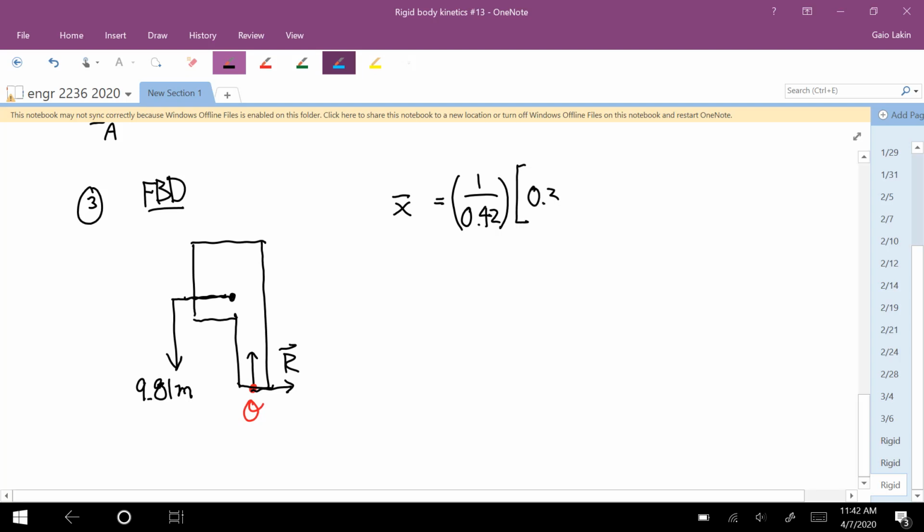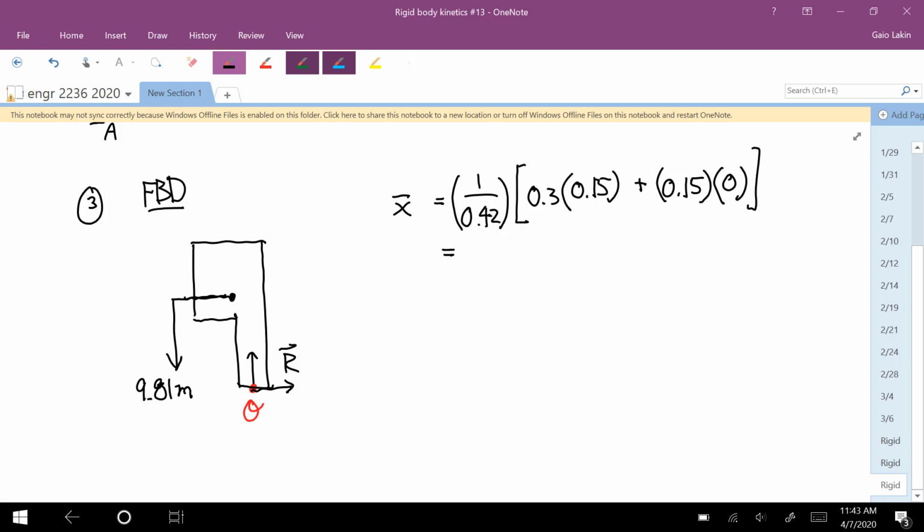So first the top piece, that's 0.3 times the centroid of the top piece. If we're assuming that the origin is at the hinge, that would be 0.15. And then plus the area of the bottom piece. And the x coordinate of the centroid is the same as the origin, so that would be 0.